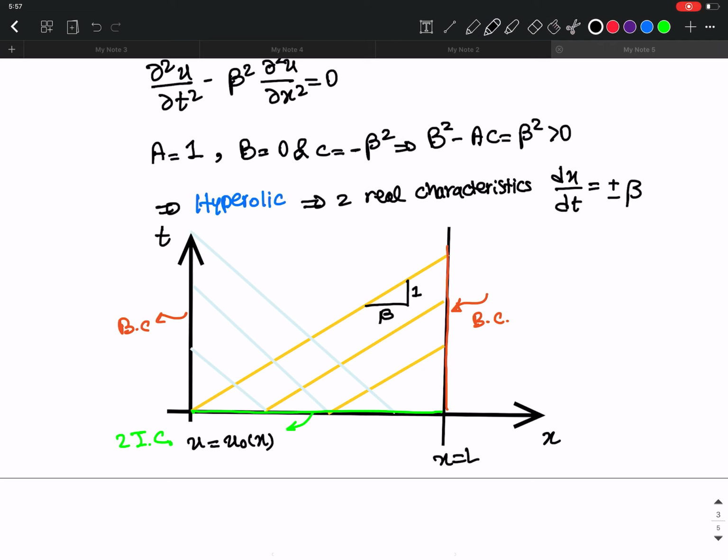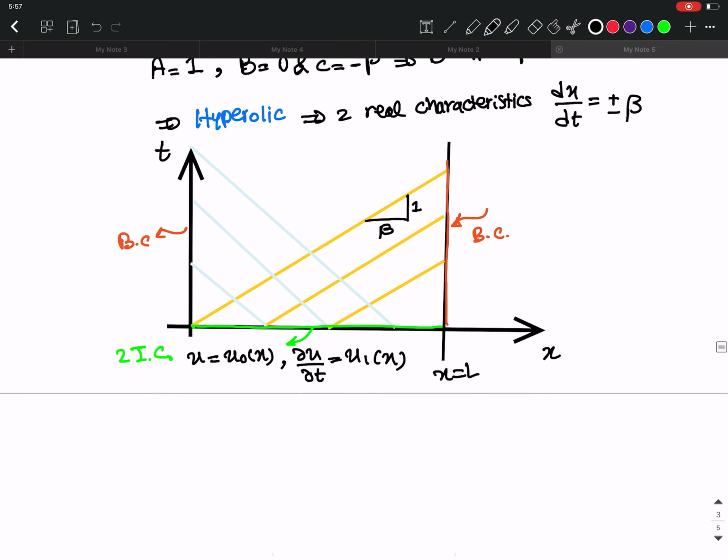For example, u could be u0(x), and the other one can be the gradient of that, du over dt equals to u1(x). So two initial conditions, and then one boundary condition at the left and one at the right.